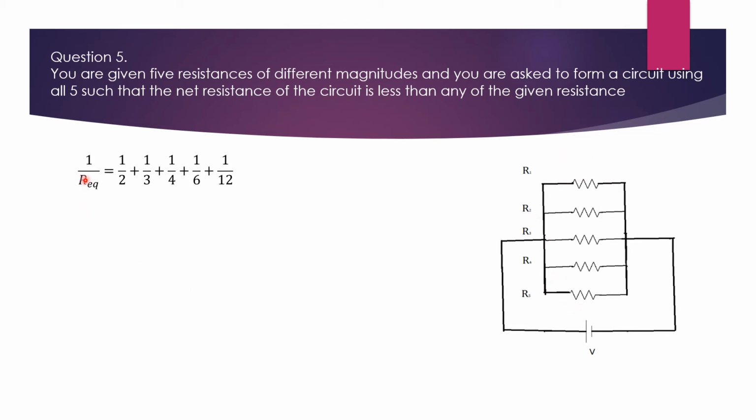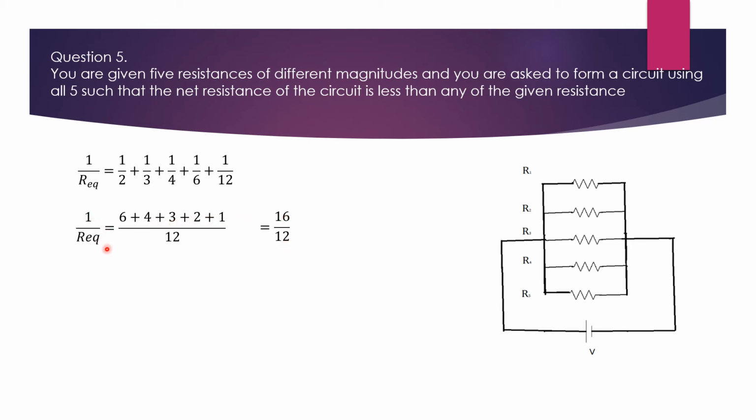As I told you, I have chosen them such that the maximum resistance of 12 is the least common multiple of all these lower resistors. So I write 12 as the LCM, and then I write 6 here, 4 here, 3 here, 2 here, 1, as we add the fractions, and the sum of all these gives me 6 plus 4, 10, 13, 15, and 1, 16 over 12.